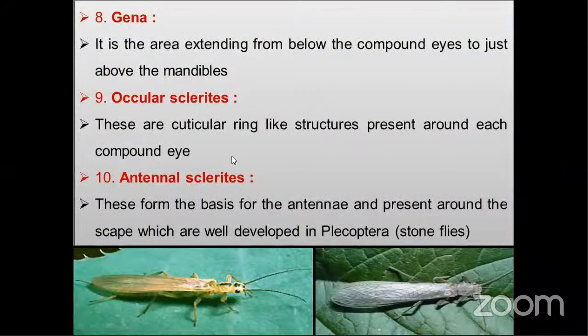So next, ocular sclerites, from which the compound eyes develop. Antennal sclerites are where the antennae develop. This is the basis for the antennae, present around the scape, which is well developed in Plecopterans. Plecopterans means stoneflies, which come under the order Plecoptera only. So the best example is antennal sclerites.